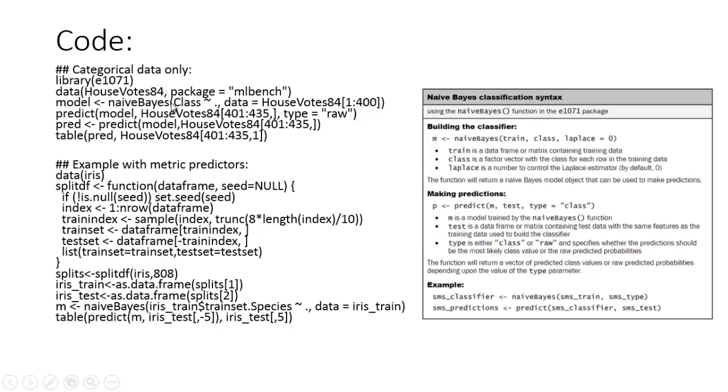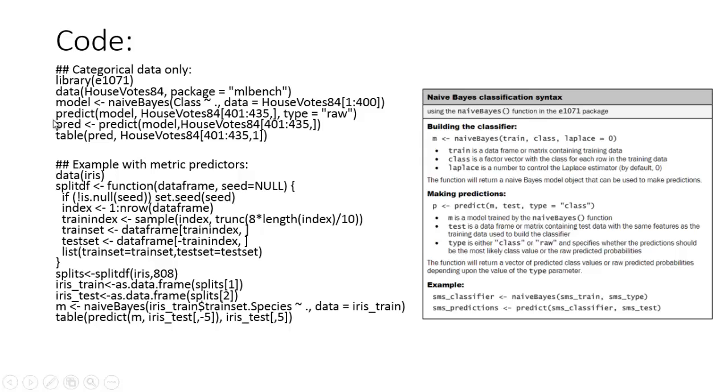Then I have fitted my model with the dataset households 84, rows 1 to 400, as the training data. I have assigned the class, which is Democratic or Republic, as the target, and the dot operator signifies that all the other variables in this dataset will contribute to the classification.